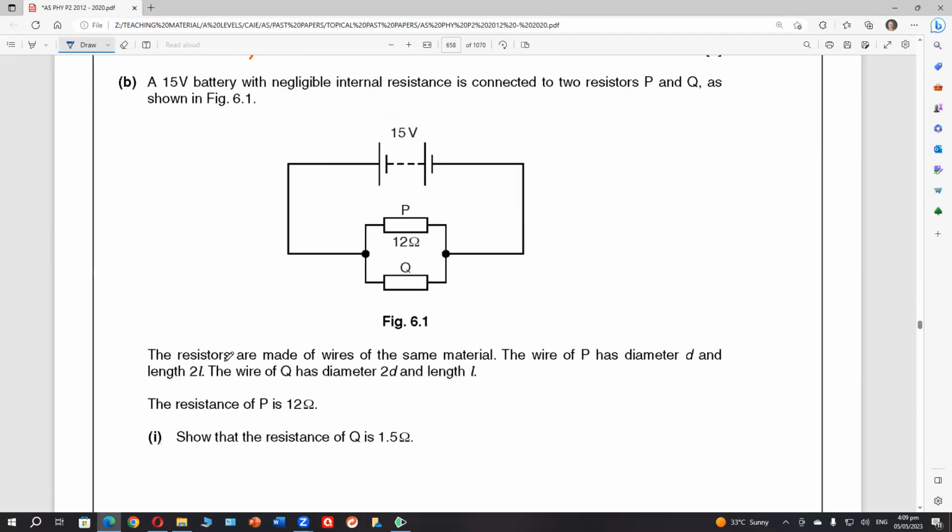A 15-volt battery with negligible internal resistance is connected to two resistors P and Q as shown.